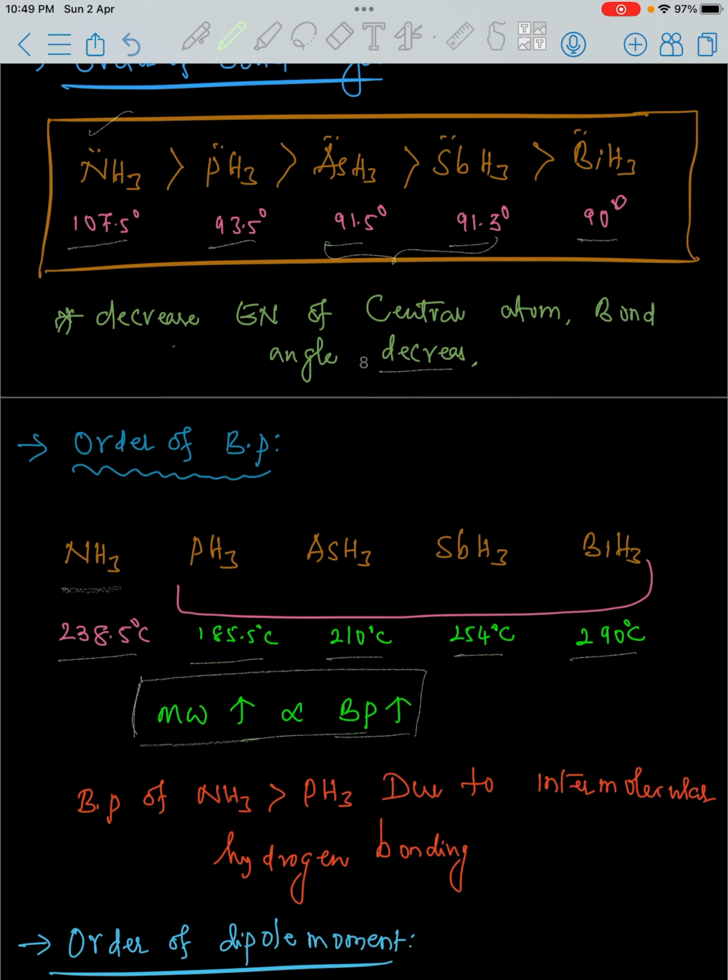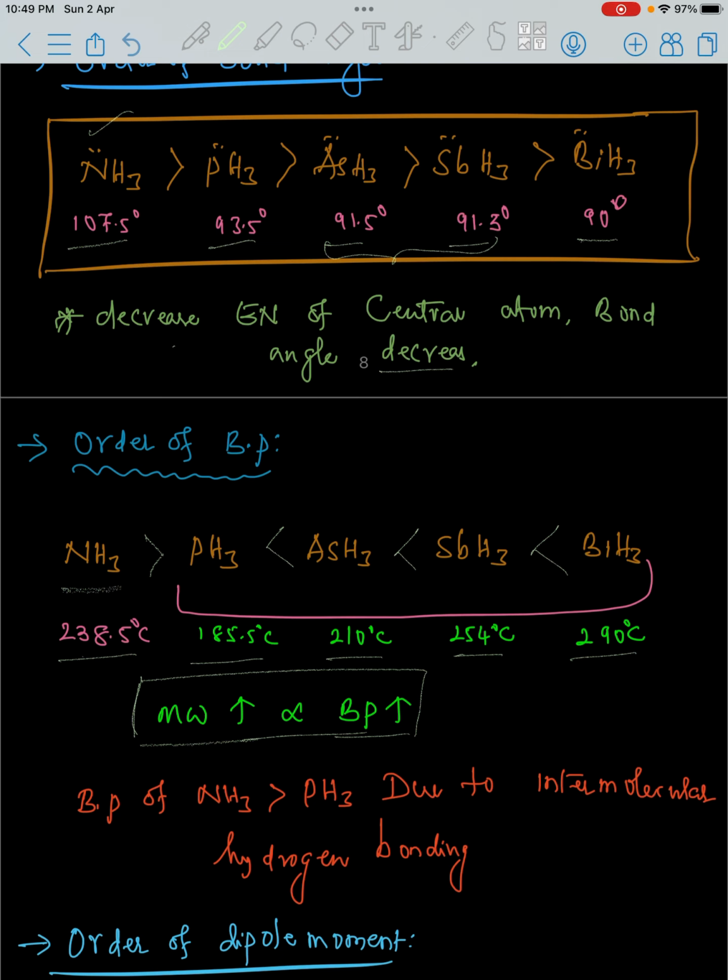Let's see, from ammonia to phosphine, what happened? Boiling point decreased. Again from phosphine to arsine it increased. So the boiling point of NH3 is greater than that of phosphine, whereas phosphine is less than arsine, arsine is less than stibine, stibine is less than bismuthine. So there is no regular trend.